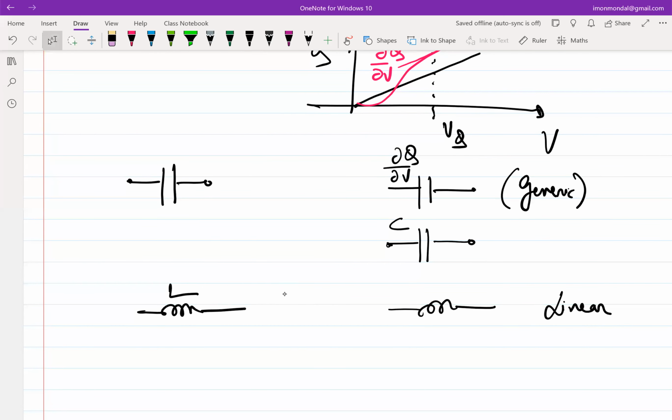So in that case, this will remain an inductor. Okay. Any questions?